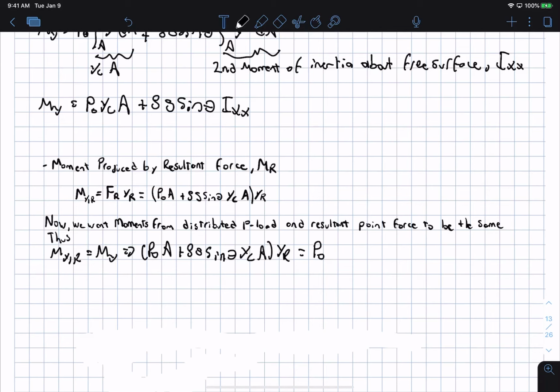So that's P naught times YC times A plus rho g sine theta times IXX, the moment of inertia. So we can solve for YR.